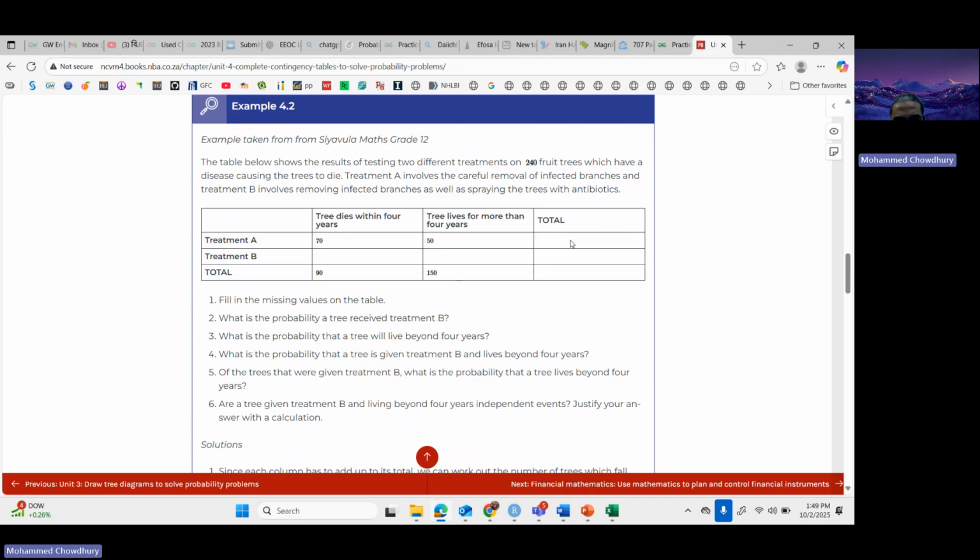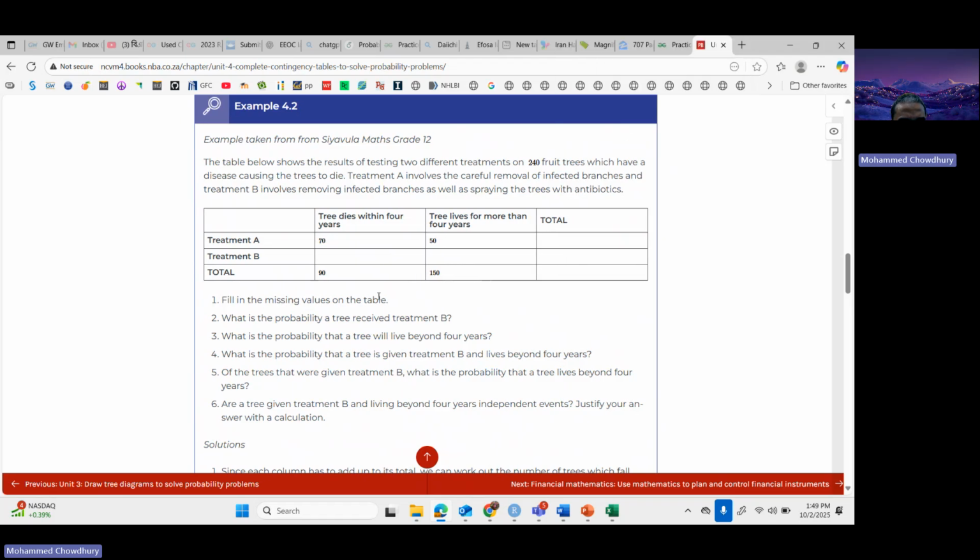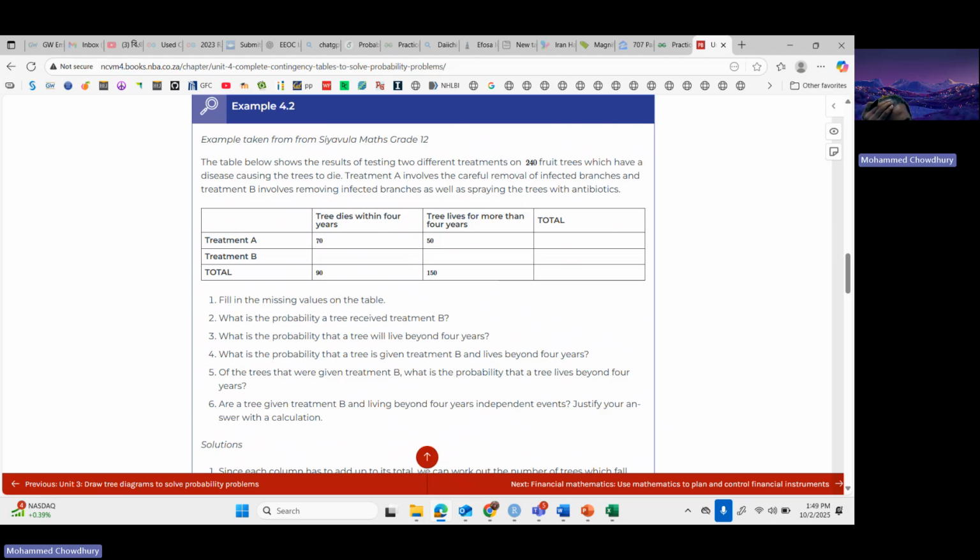So this will be 120, and this subtracted from that is 100. This subtracted from that is 20. Then 100 plus 20 equals 120 here. This is 120 here, so it should be 240 there. So this is how you fill in the table.